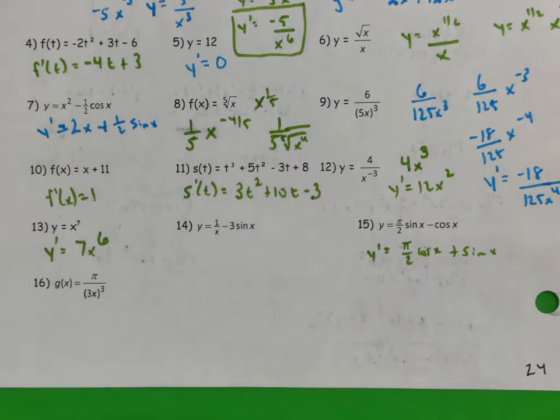Okay. 1 over 5, the fifth root of x to the 4th.